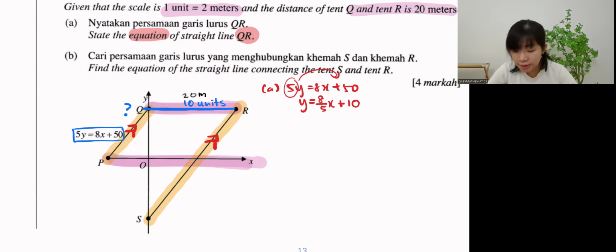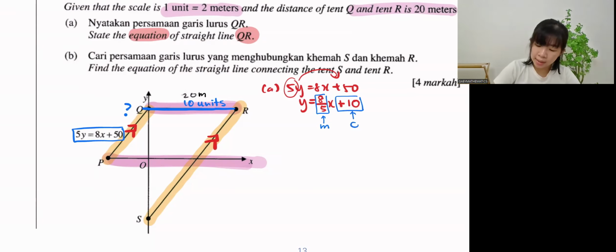If you arrange the equation in y equals mx plus c, you know that this is m, and this is c. Agree? So where is c? c is the y-intercept. The y-intercept of this line should be Q. So here is 10. You label nicely.